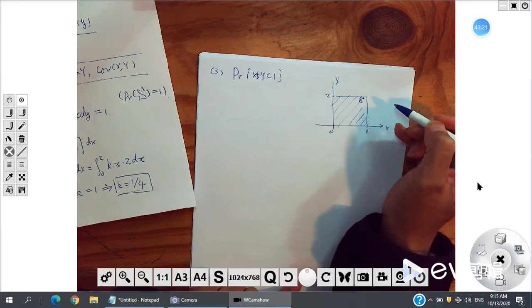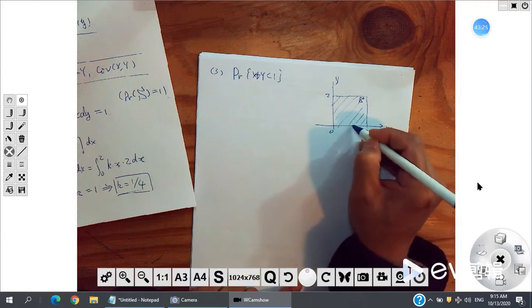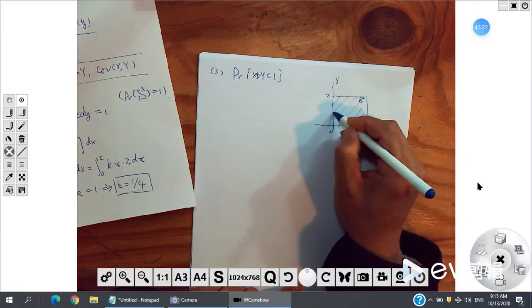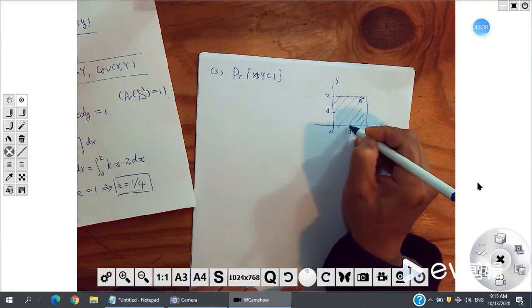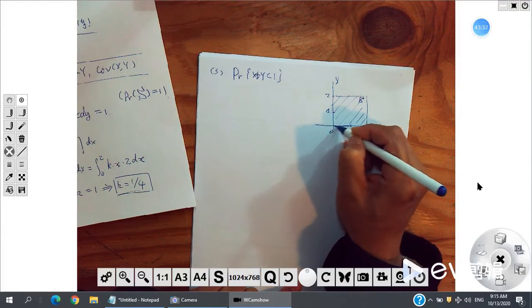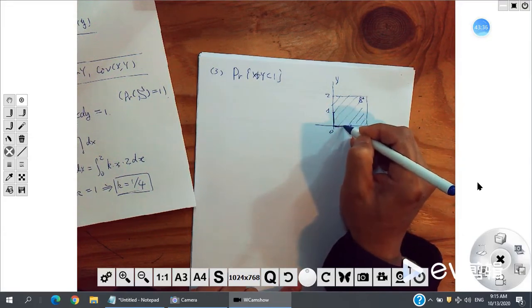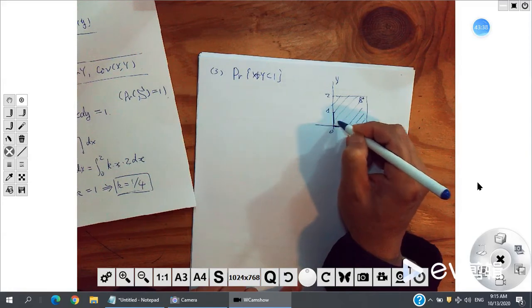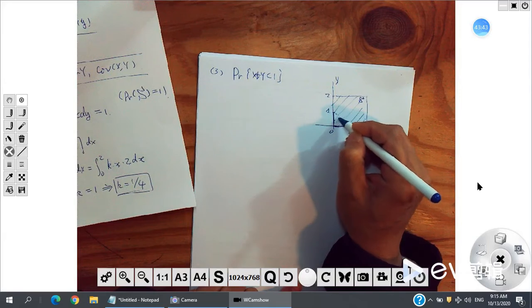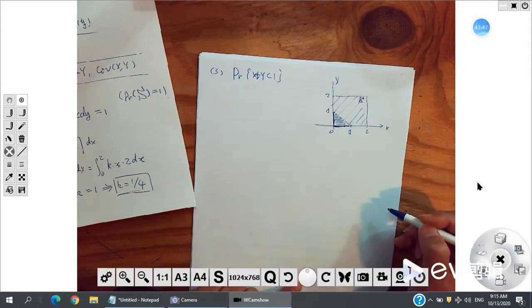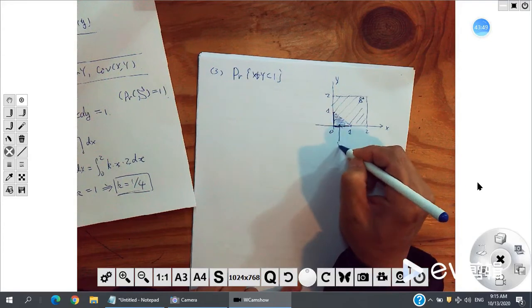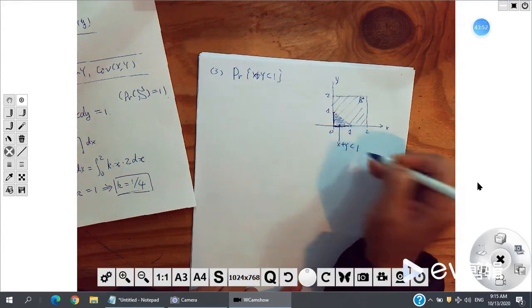And x plus y smaller than 1, where can we have that? This is 1, this is 1. Both x and y will be smaller than 1. If x is somehow smaller, you can choose some y here. So I draw a straight line like this, and it will be this area. This is x plus y smaller than 1.